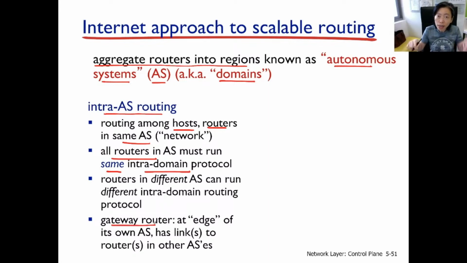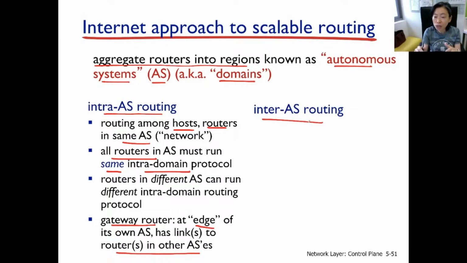Each AS will also pick powerful routers, usually sitting at the border of the AS. I called them the delegate routers earlier; the more formal name is gateway routers. Gateway is what? The doorway. The router sits at the border of the AS, connecting to another AS. So gateway routers, powerful delegate routers, sit at the edge, the border of their own AS, and have links both to routers within the AS and to routers in other ASs. Therefore, the routing protocol running in the backbone of the internet is called the inter-AS routing.